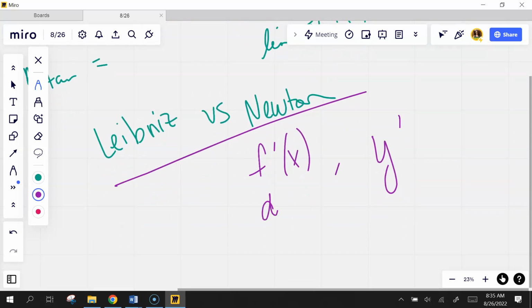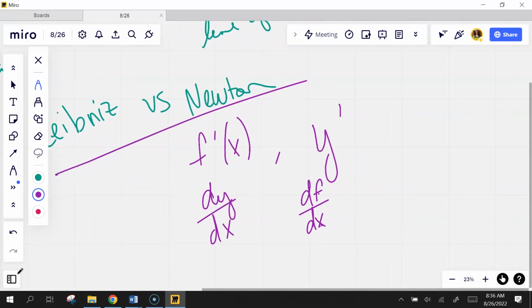It doesn't really matter, but this is the derivative of y with respect to x. Dy dx. And we use both of them equally as much. There's not one that we use any more than the other. Df dx. These are all saying take the derivative of this with respect to x, and you'll understand what that means soon enough. You can also do d dx of f of x.